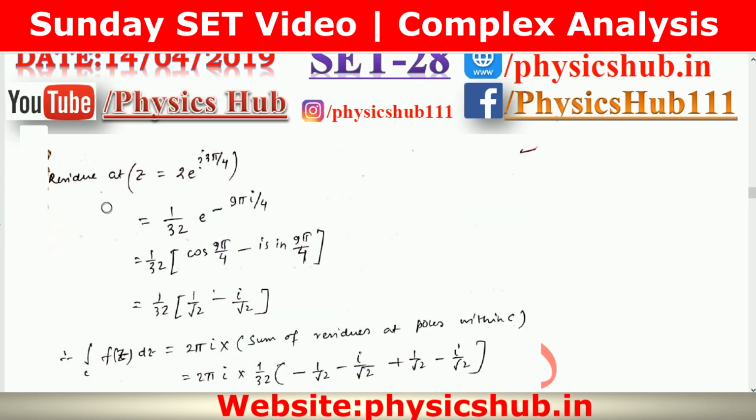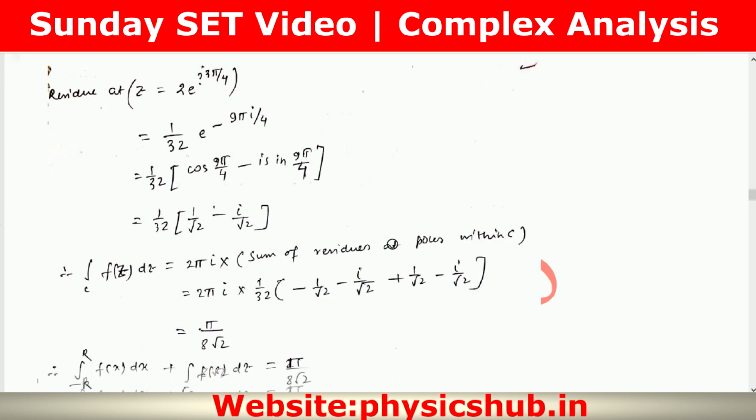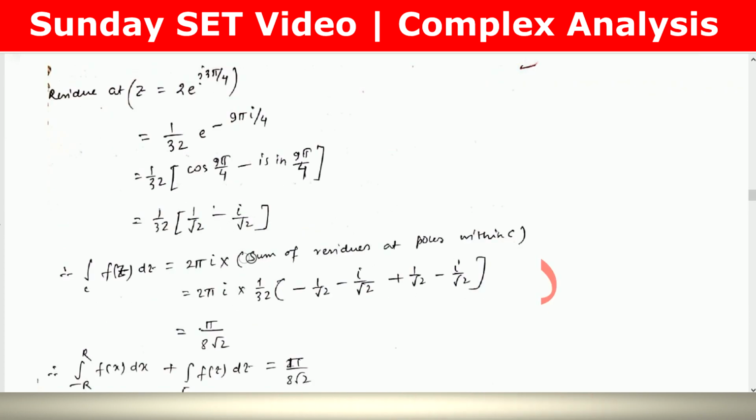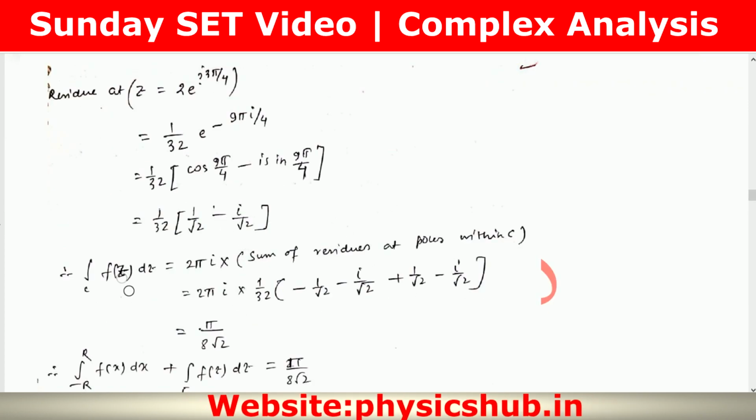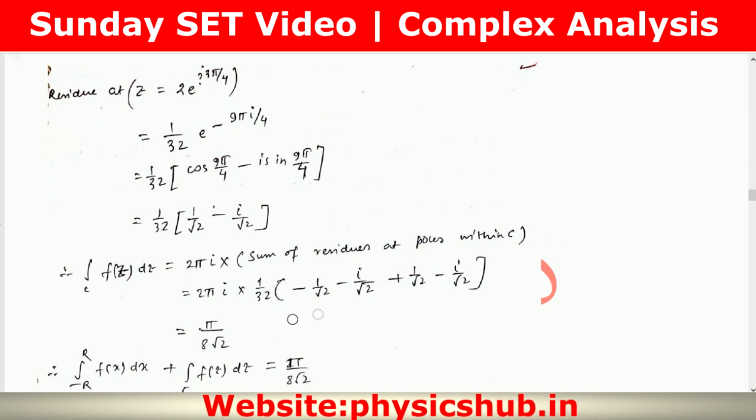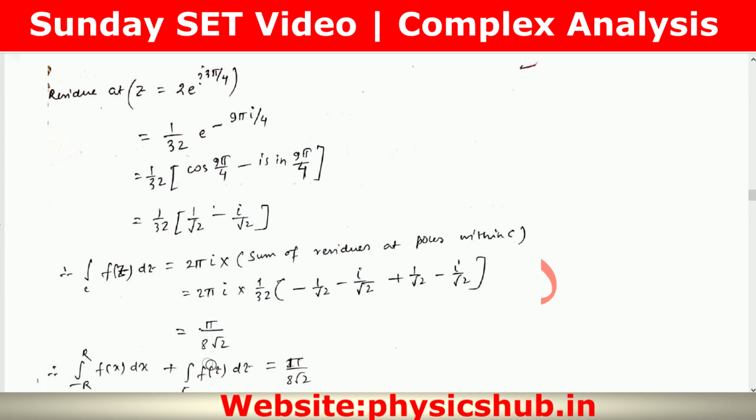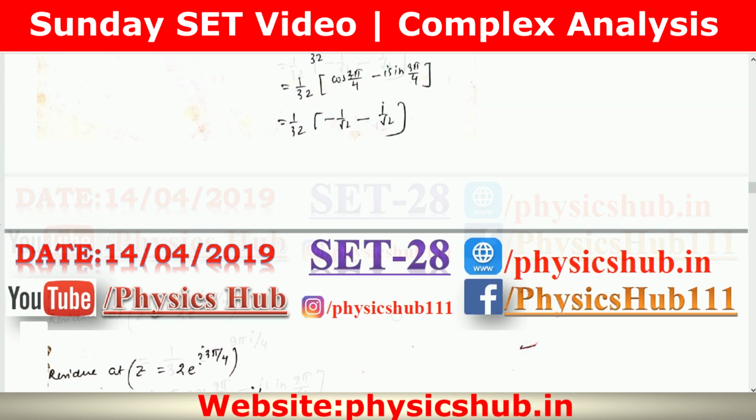Similarly, we find the residue at z = 2e^(i3π/4), and we get 1/32 (1/√2 − i/√2). Therefore the integration value is 2πi into the sum of residues at poles within C. So we are getting π/(8√2).